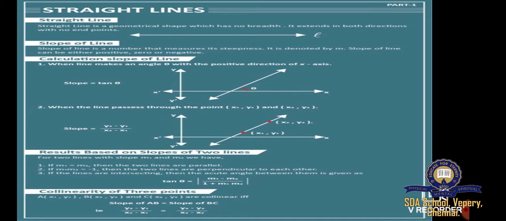First, mark the points, say A and B, between which the distance is to be measured. Place the edge of the strip of paper along the line AB. Mark the limits of distances on the paper.